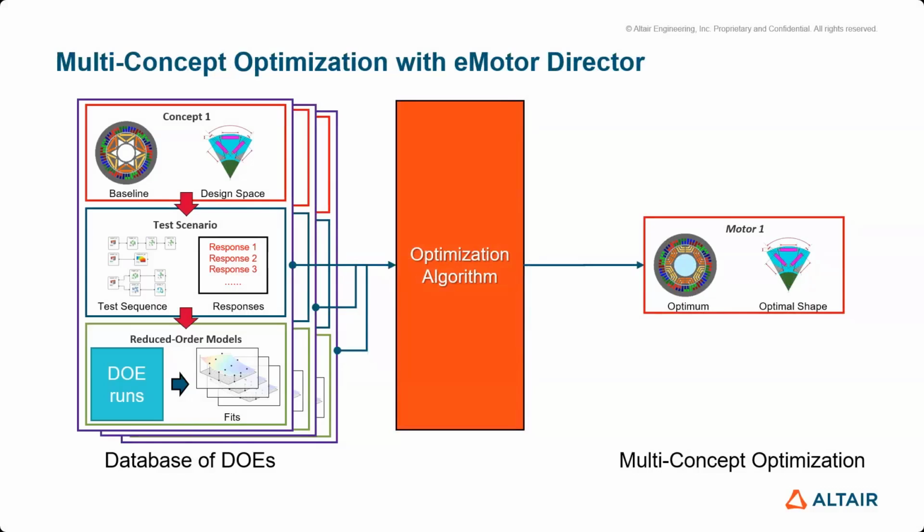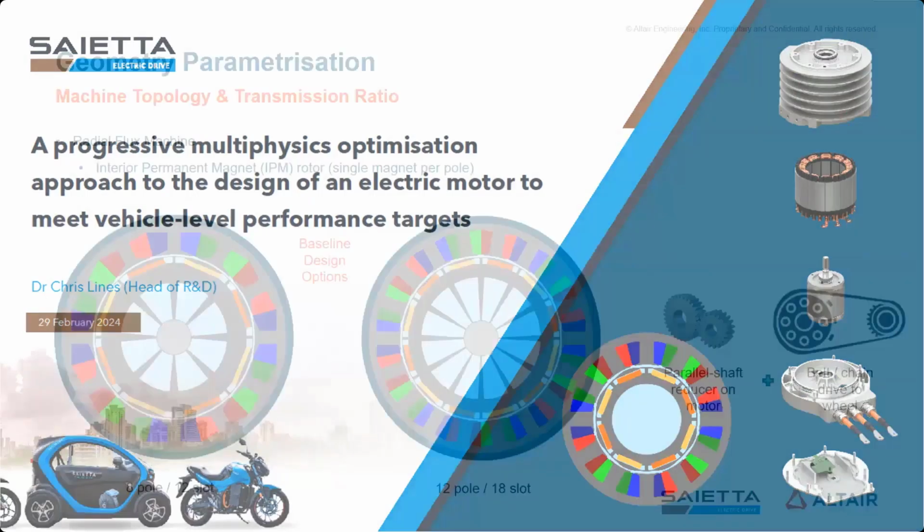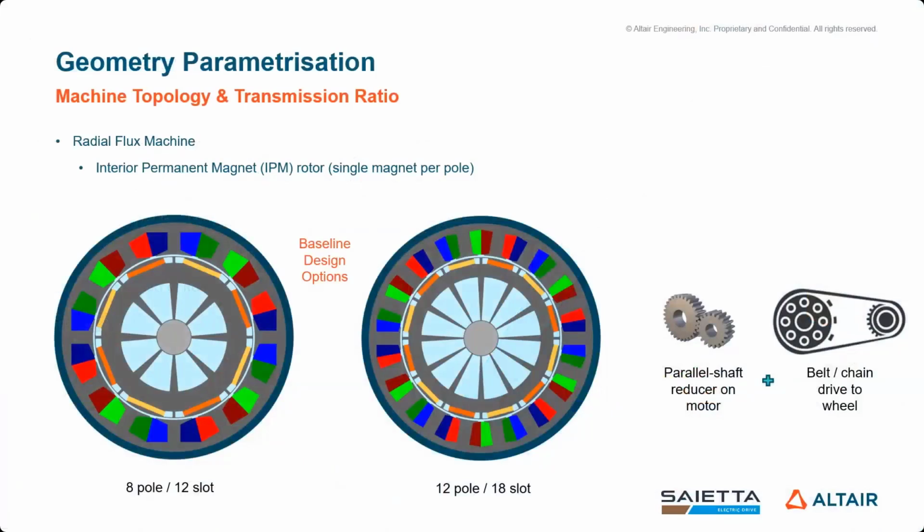Okay. So let's see now on an example how it goes in the tool. So I'm taking here the example of Saietta, who has used this as a platform for the design of an electric motor for a traction application. I won't go too much into the details, but just to give you a flavor of how it goes.